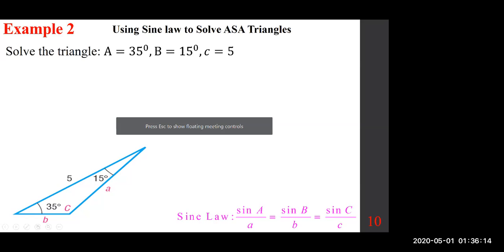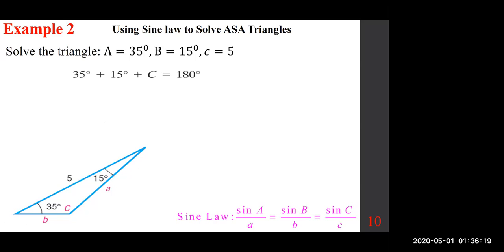All right, again, obviously, the easiest one would be the angle, right? Because they add up to 180, so that's easy to find. Now, sine A over A equals sine B over B equals sine C over C, okay? So we can use that.